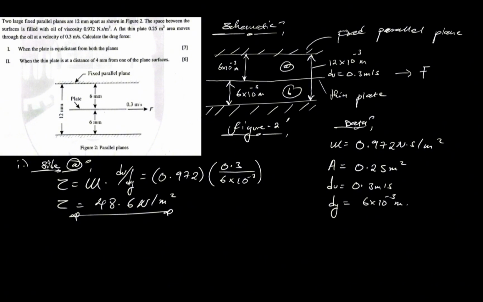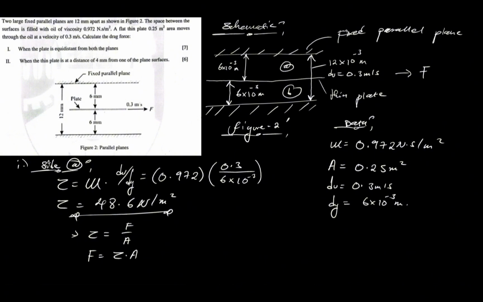Now, having the shear stress, the next thing to remember is that, in actual sense, shear stress is equal to force over area. The force in shear stress is what we are calling the drag force. So if we make F the subject of the formula, the force is equal to the shear stress times the area.